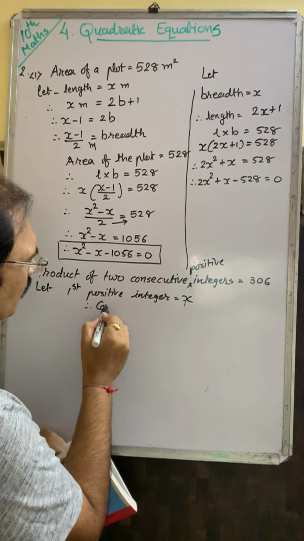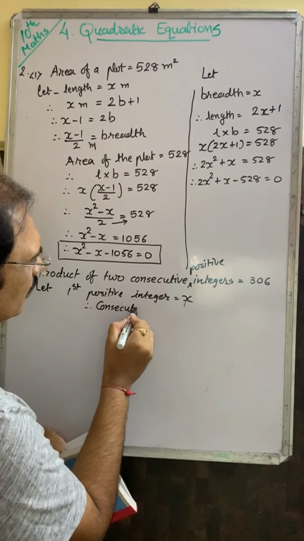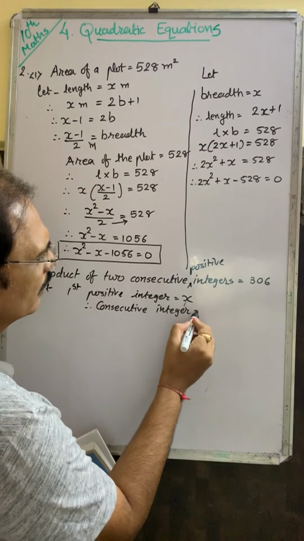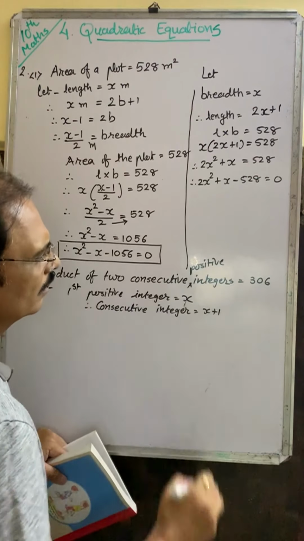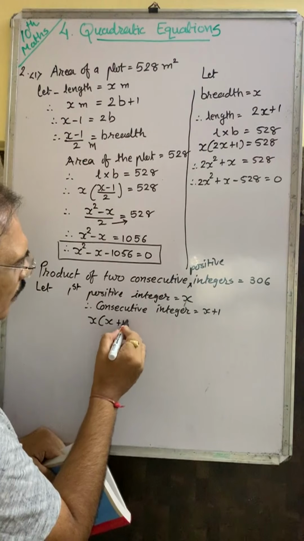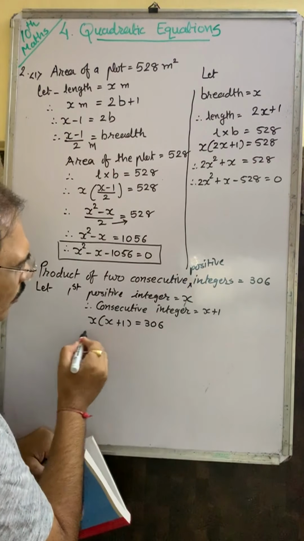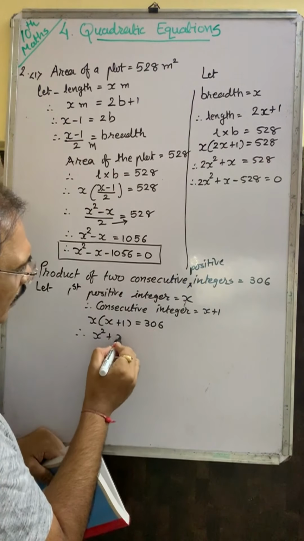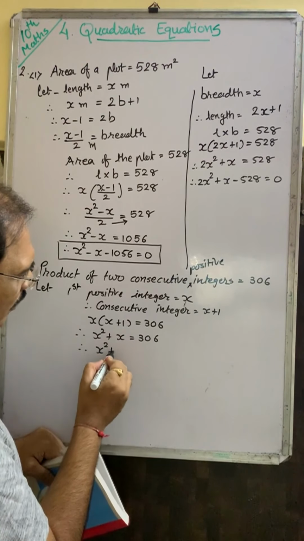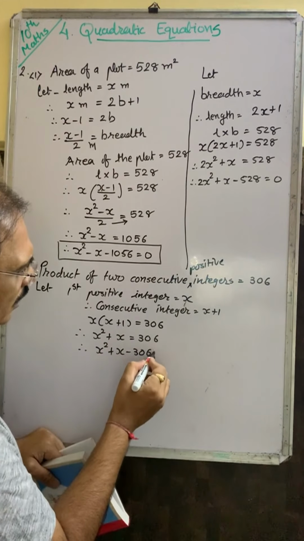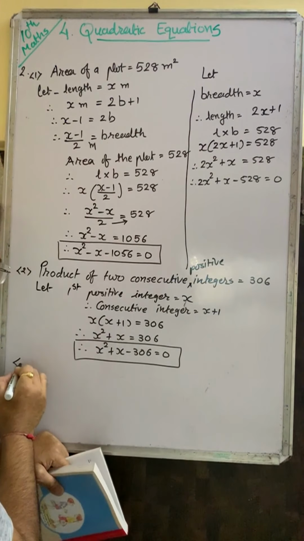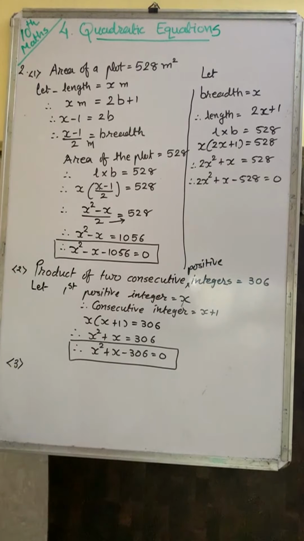Therefore its consecutive integer is x plus 1, and the product x into x plus 1 equals 306. Open this: x square plus x equals 306. So x square plus x minus 306 equals 0. This is the equation.